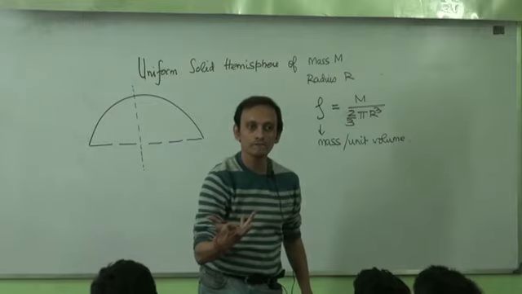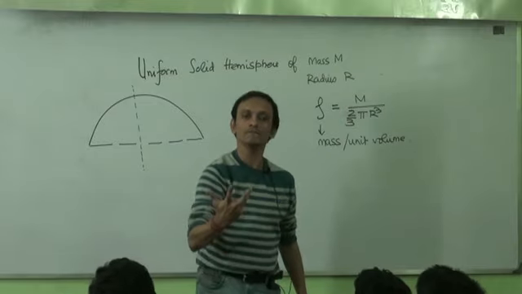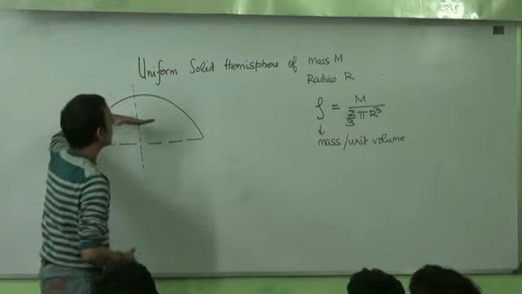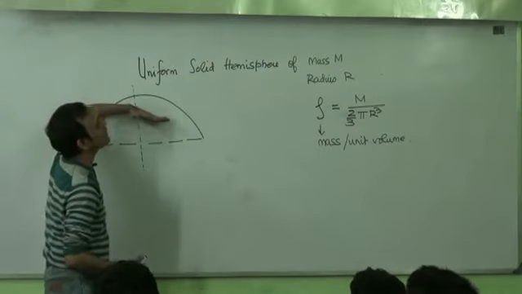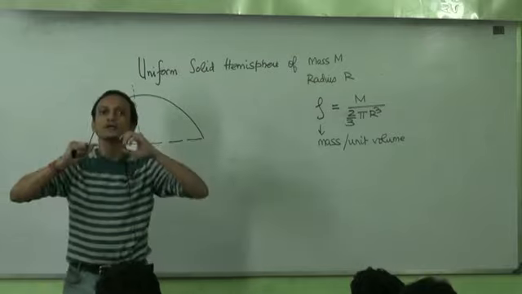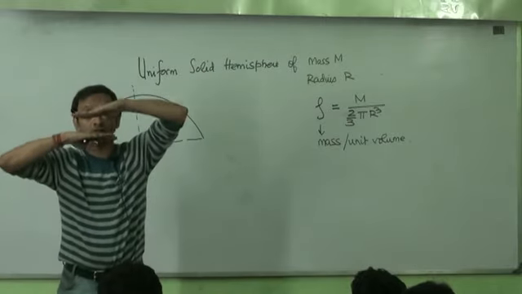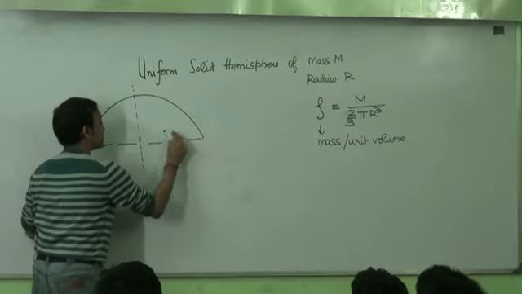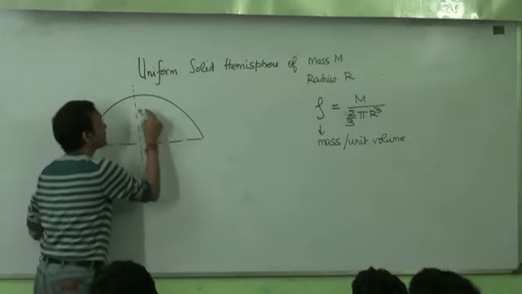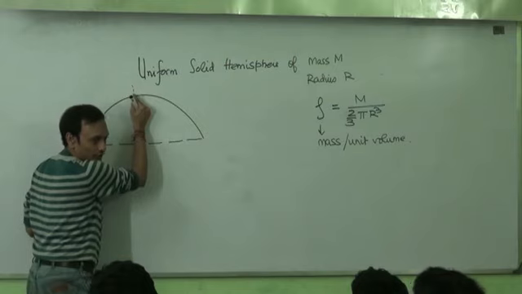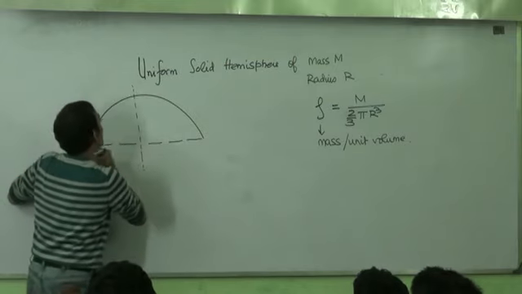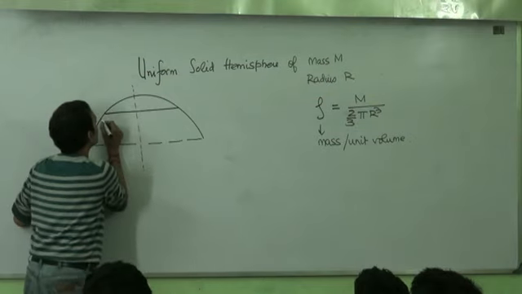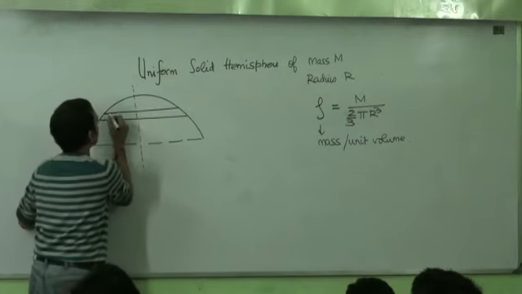So I would suggest that the solid hemisphere is essentially several disks stacked over each other. There is a disk of radius capital R here and there is a disk of radius 0 here, right? So this entire thing could be imagined to be composed of several disks stacked over each other.